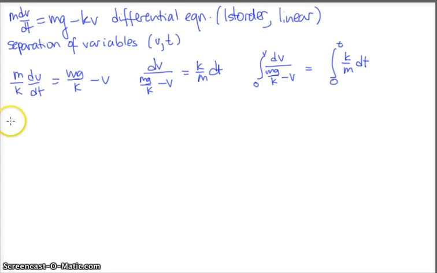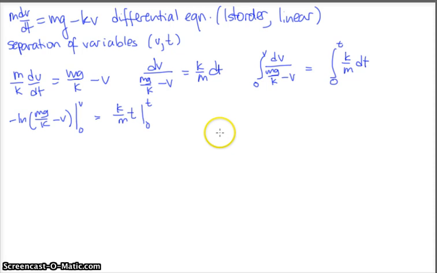So this is the negative natural log of mg over k minus v, and because I'm doing the definite integral, I have to do from 0 to v. That's equal to the integral of k over m dt, which is just k over m times t, evaluated at 0 and t.